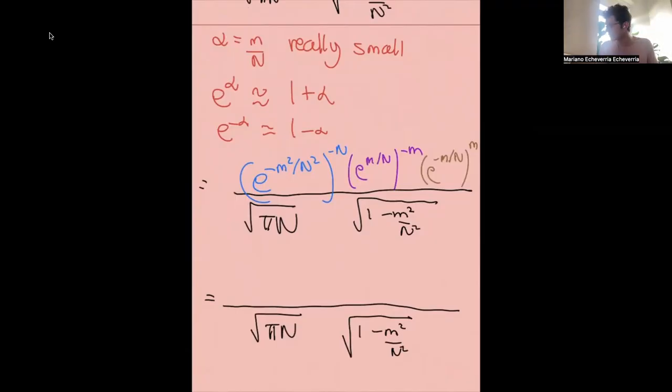You have to be careful when you do this, but when you raise these exponents you just multiply them, so you get e to the m squared over n, and here you multiply this one and you get e to the minus m squared over n, and here you get e to the minus m squared over n.